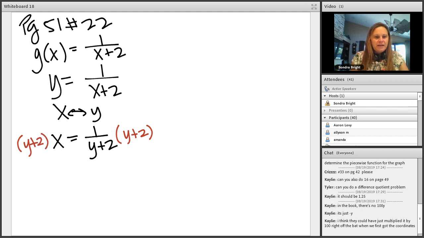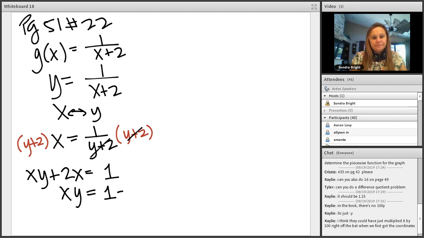And we're going to get an x times y and a 2 times x. And then the right-hand side is just a 1, because these two guys canceled. Then you want to get any term with y in it by itself on this side of the equal sign, so I'm going to subtract the 2x from both sides. And then you want to solve for y by dividing by x.